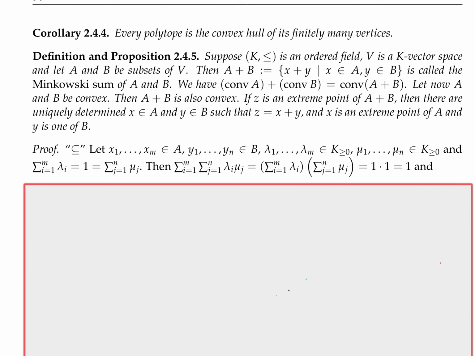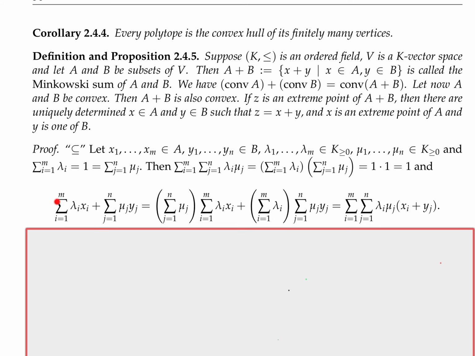And so I look at the sum of these two convex combinations, and I want to show it's a convex combination of elements of A plus B. So the trick is perhaps to introduce artificially the sum of the mu_j's, because it's 1, and here the sum of the lambda_i's, which is also 1, right?